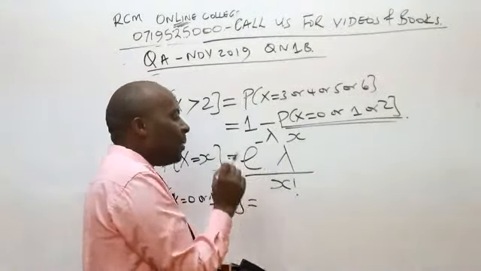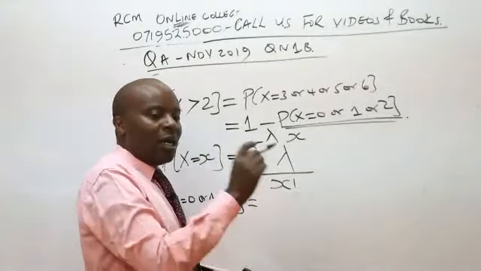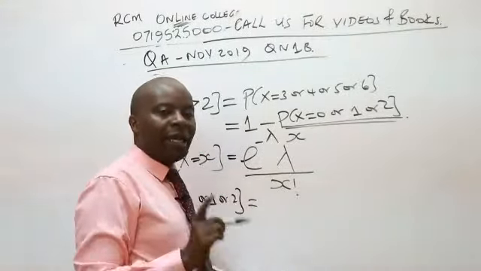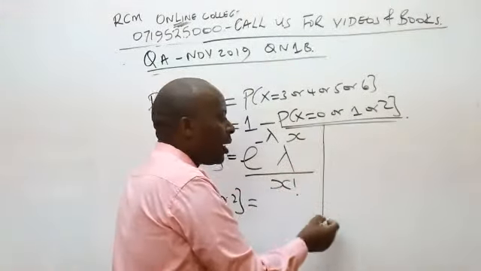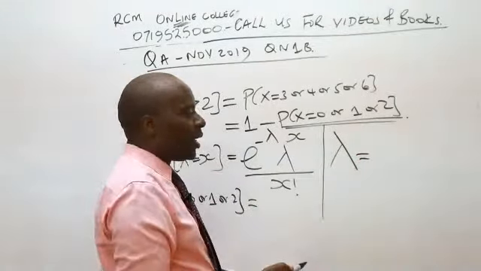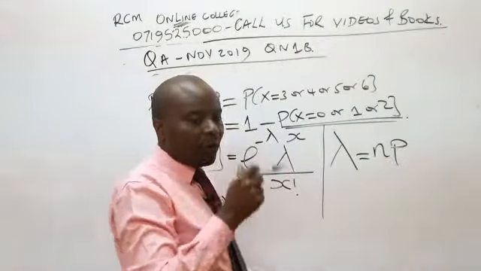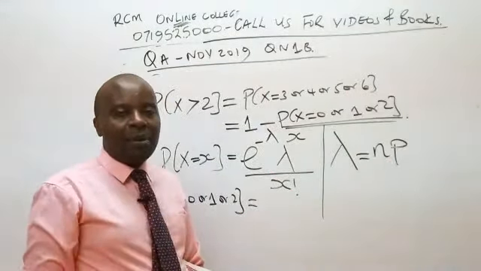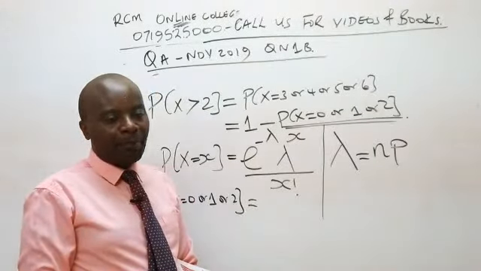negative lambda. Remember that lambda is the mean. In this question, they never gave us the mean. Remember, in our normal class, we said whenever the mean is not given, to get lambda, we normally talk of NP.